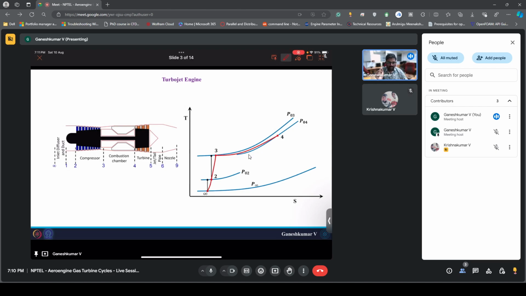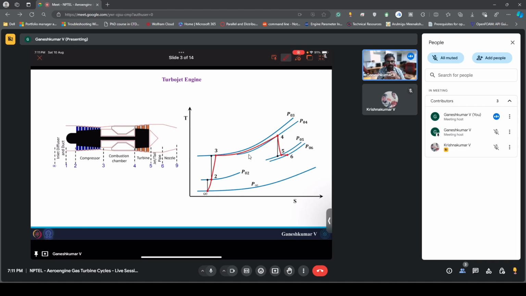And after the combustion chamber, we have the turbine, which expands the air from 4 to 5, and from 5 to 6 we have the jet pipe or tail pipe. That is just a connection between the turbine and the nozzle. During this process, there will be small pressure losses. That is what we model here, and we see it's a straight line.